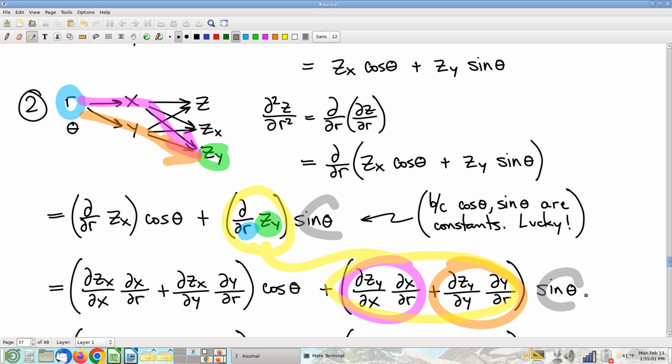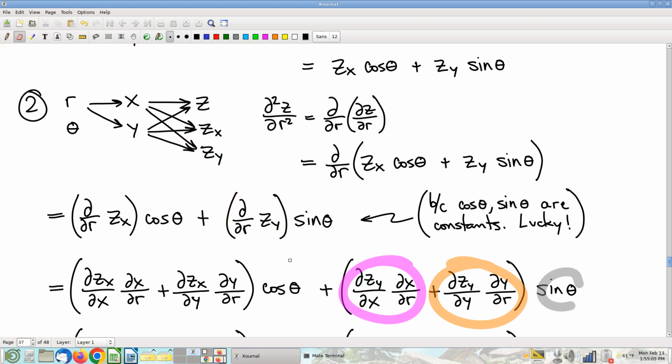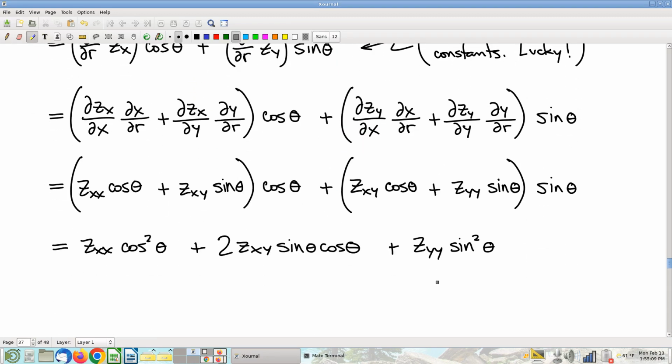So it's kind of all over with the shouting at this point. Maybe a little bit of notation, a little bit of simplifying, but the work is all done. And here we go. Don't forget, partial of zx with respect to x is just zxx. Right? Z is directly a function of x. There's no sort of chain rule to be done there. There's no intermediate variable, so it is what it is.